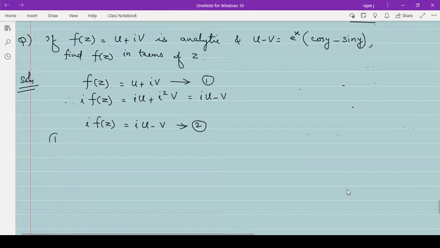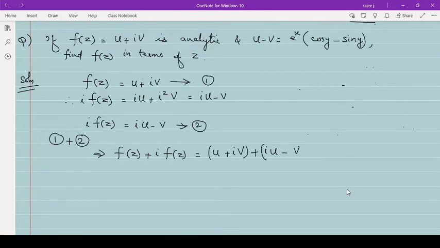When we add 1 and 2, the left side is f(z) plus i f(z), and the right side is the RHS of 1, u plus iv, plus the RHS of 2, iu minus v.